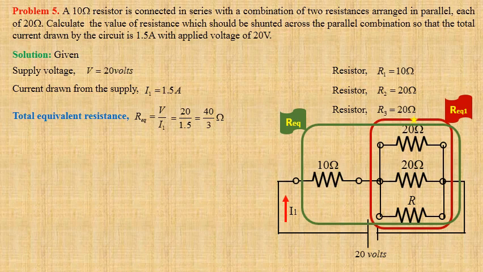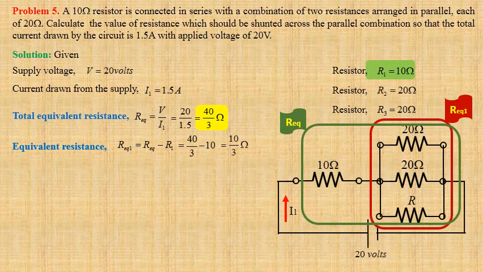Here resistor R1 is connected in series with Req1. Therefore, Req1 equals Req minus R1. Using values we get 40 upon 3 minus 10, that gives us 10 upon 3 ohm.